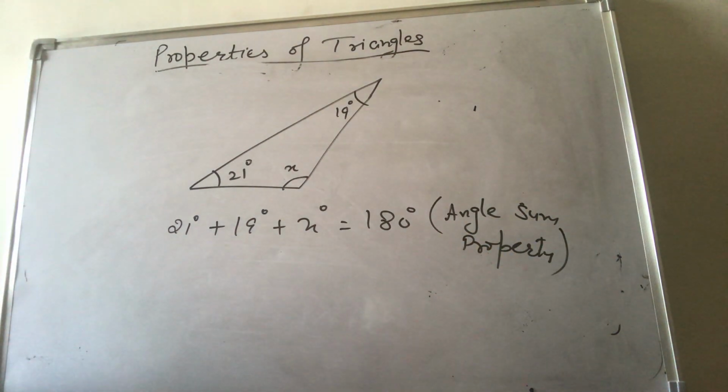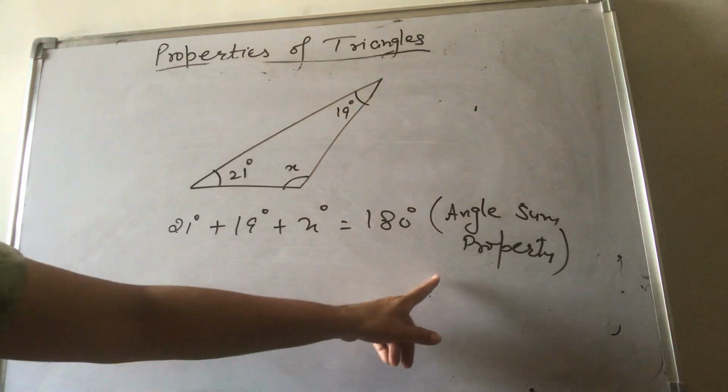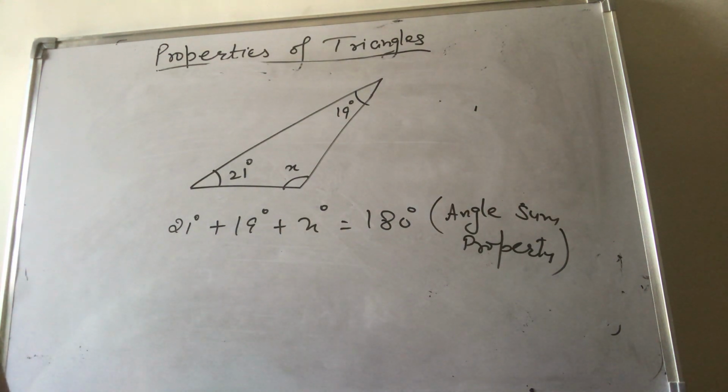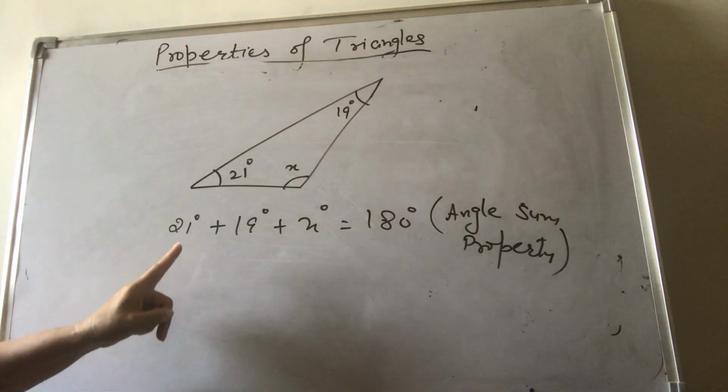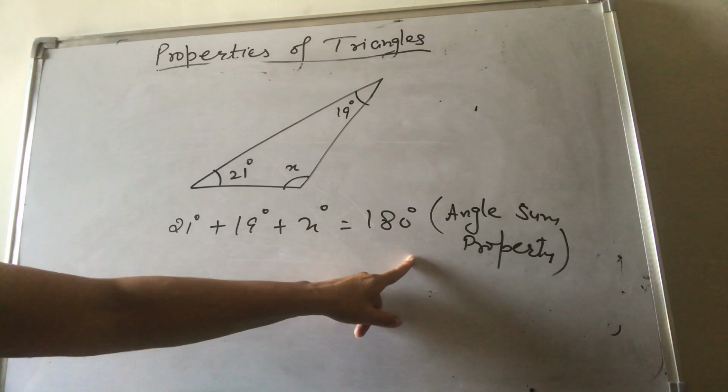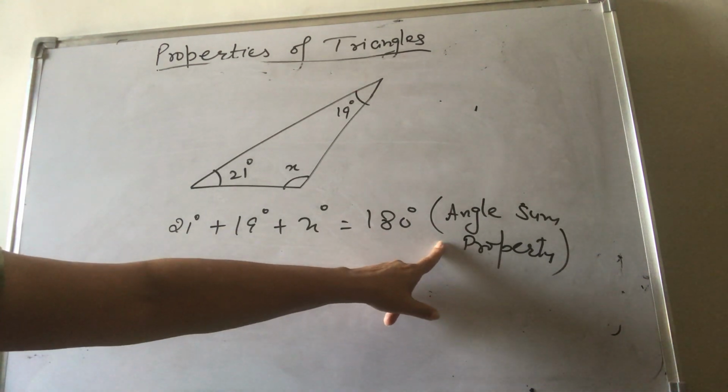The most important point: if you will not write the reason in the bracket, you will not get the full marks. The question will be cut by 1 mark. Be very careful. In geometry, each and everything wants a reason for why this is happening. As we have done, the sum of three angles is equal to 180 degree. How? By angle sum property.